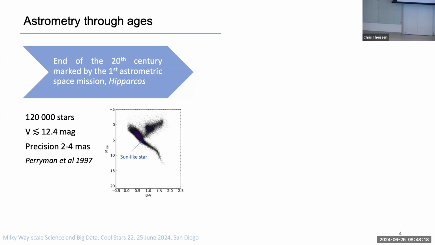So Hipparcos listed parallaxes for 120,000 stars. And you can see here the very clean absolute magnitude color diagram obtained from Hipparcos, which is mainly focused on stars that are brighter and more massive than the sun.